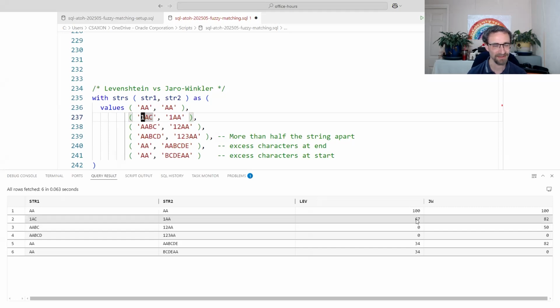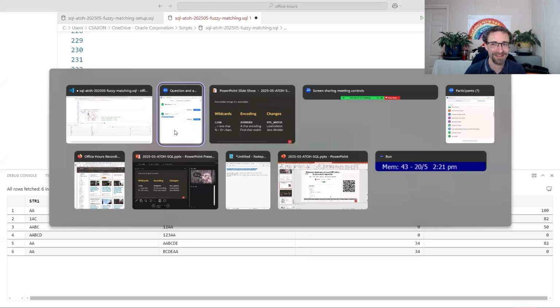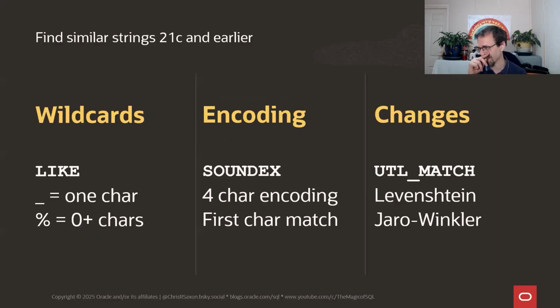It hasn't actually made any difference to Jaro-Winkler. It's literally just what characters have changed. It doesn't take into account how they sound or what the language is or anything like that. It's just character by character matching. So that's another important thing to think about here. As I said, some characters are different but sound the same depending on where they are in the word and language used and things like that. So no, they are not language dependent.